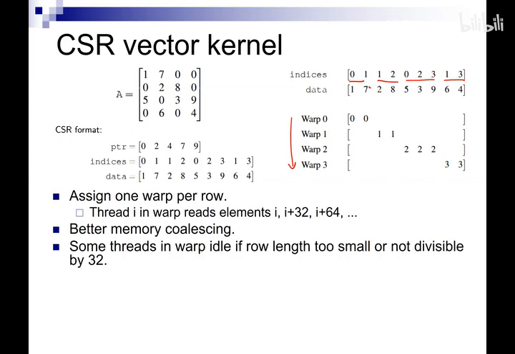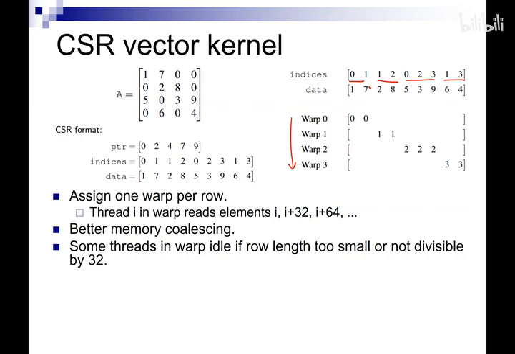Now you do have this problem that if your row is either too short or not a multiple of 32, then since you're assigning an entire warp of 32 threads to the row, if for example your row is short, let's say it's only got 10 items in there, then 22 of your threads won't do anything. So you're going to waste a lot of work if your rows are very short.